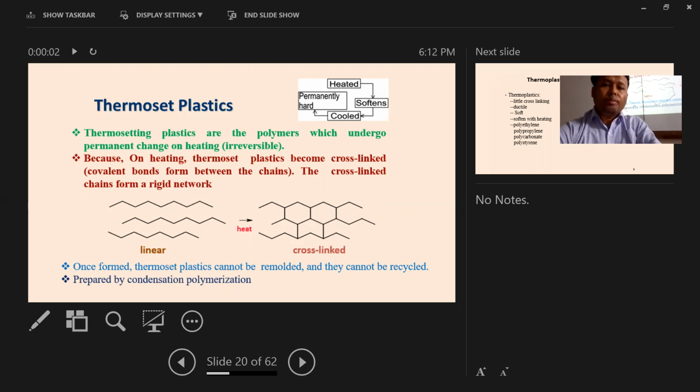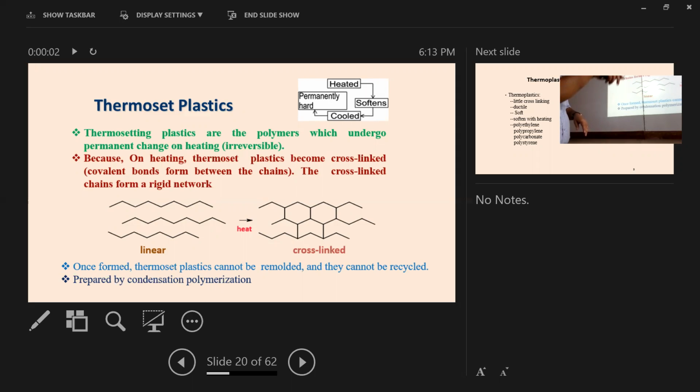Thermosetting plastics are polymers which undergo a permanent, irreversible change on heating. That means you cannot go back, because on heating, thermoset plastics become cross-linked. Here the chains are linear at first, and then we heat, and it softens, and then it cools.